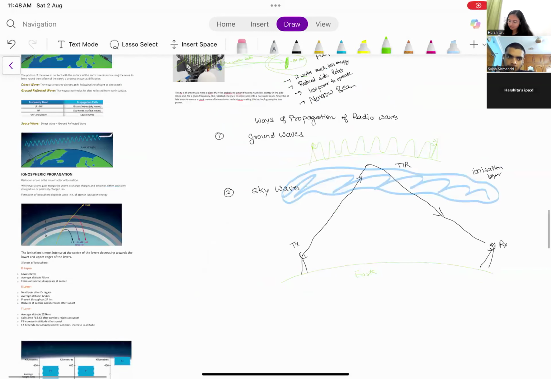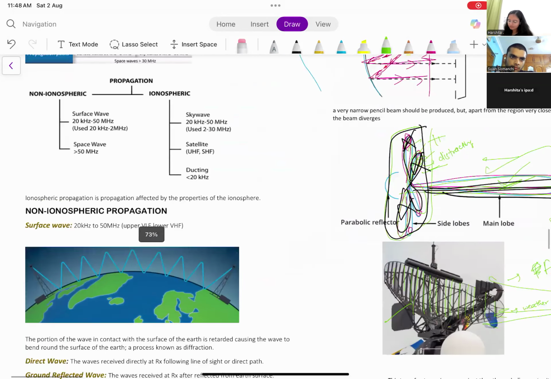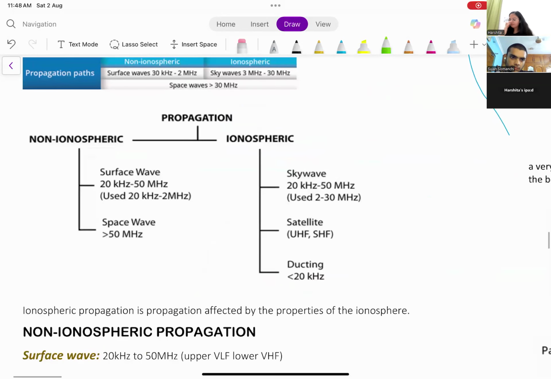Now let us see. The one which we are doing on the ground, are we using the ionosphere or sky in that? No. What we are doing is simply sending the wave from one place to the other, not using the ionosphere.